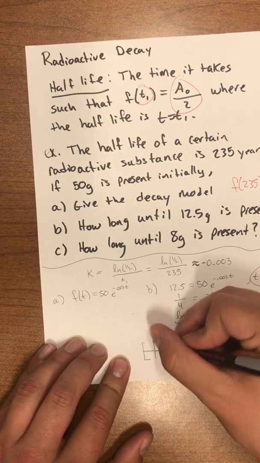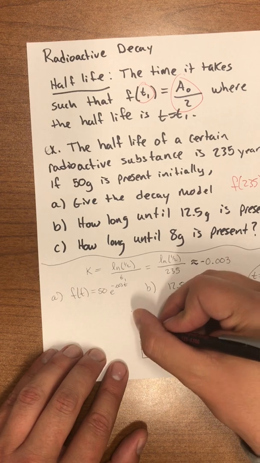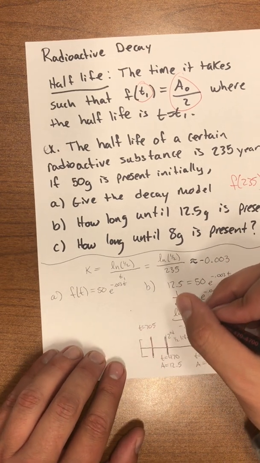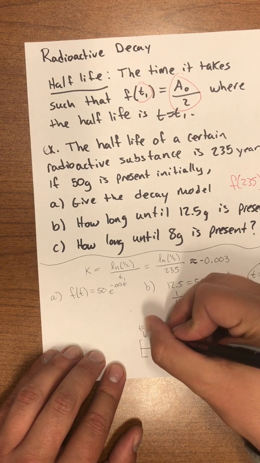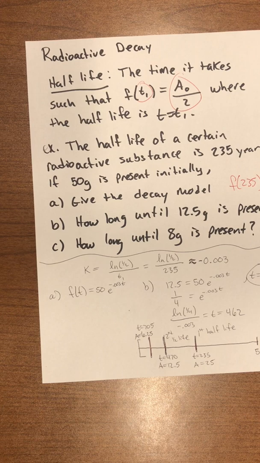Then you would cut it in half again, so when t is 705, so another 235 years, the amount is 6.25. So every 235 years, you have half as much as you did in the previous half-life. So we keep halving the amount every 235 years. So that answers part B.